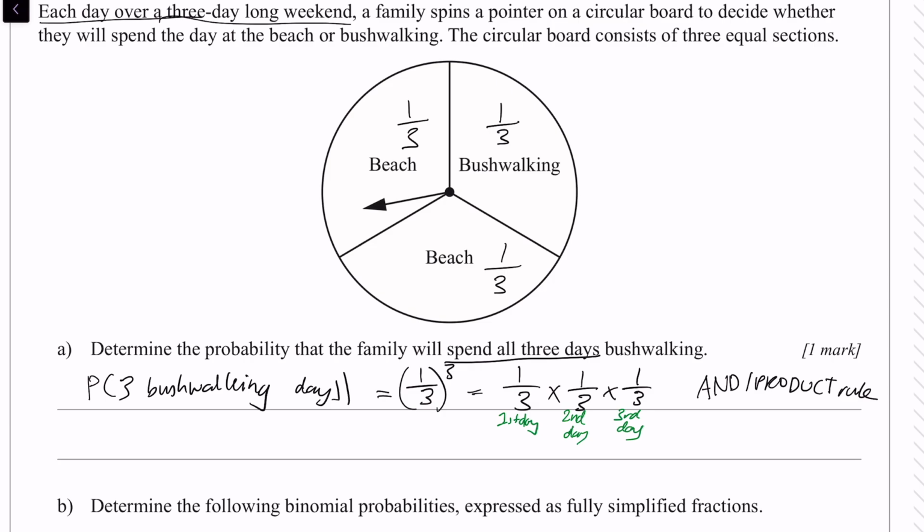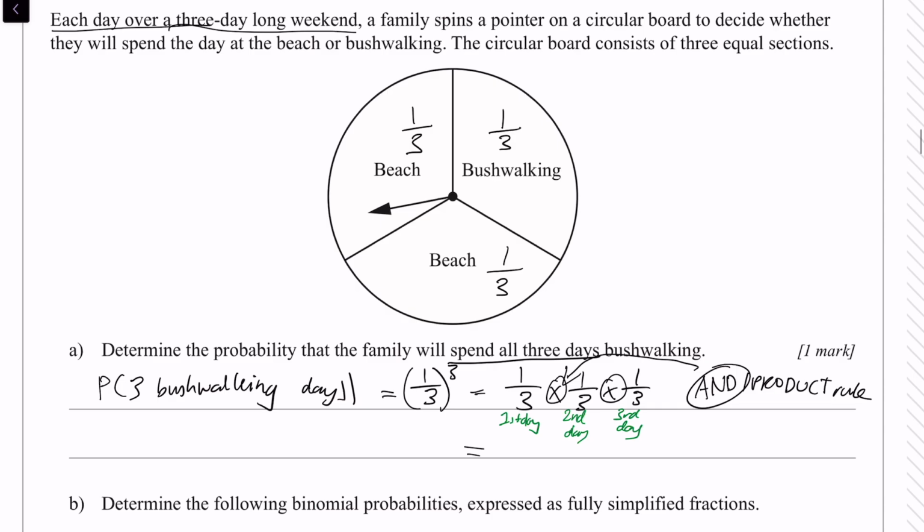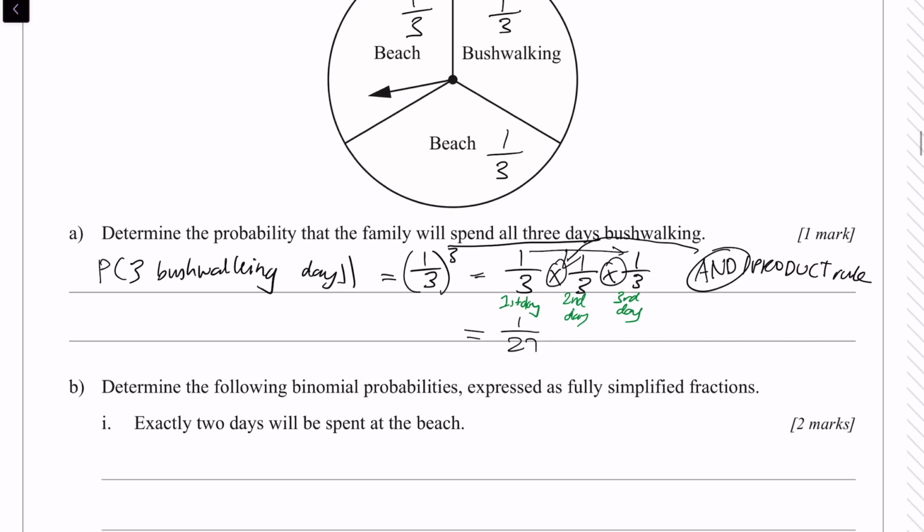Okay, because this is basically calculating the probability that we're doing bushwalking on the first day and the second day and the third day, and that and word is really representative of the multiplication between the probabilities. And so that's simply just 1 over 27, because 3 cubed is 27 and 1 cubed is just 1. And we can see that by just multiplying through top and bottom. Okay, so that's our answer, that's our mark. So 1 over 27 is the mark there.